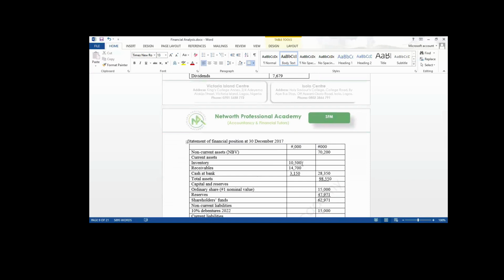That becomes, in 2018, the inventory figure will be 15,500. Is that clear, please?